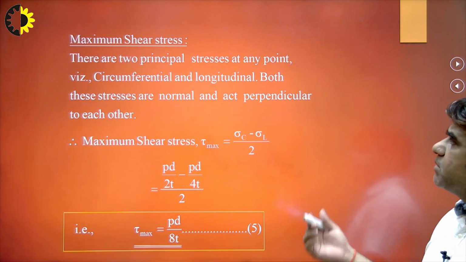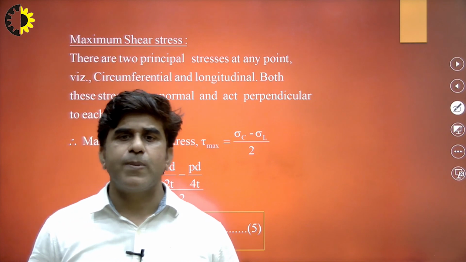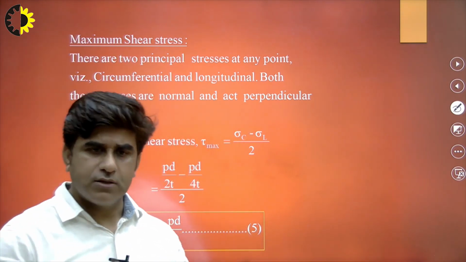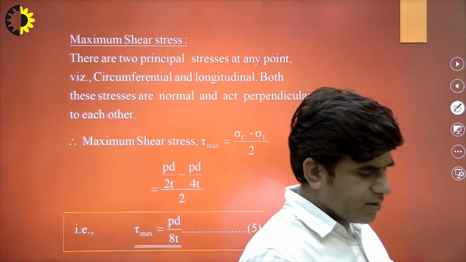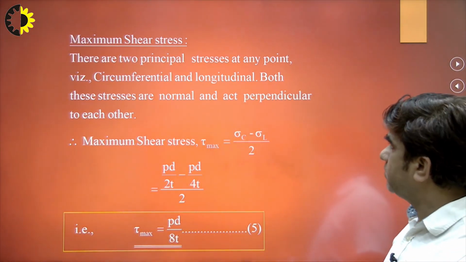Now maximum shear stress. So once we are known about the two stresses acting at any point on the material of the cylinder, then maximum shear stress can be calculated.